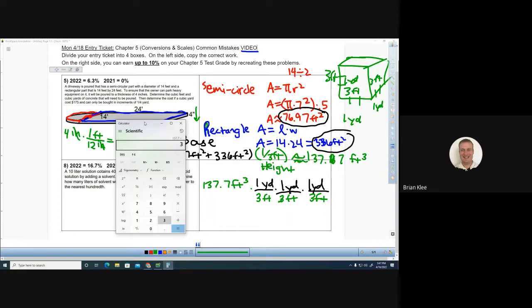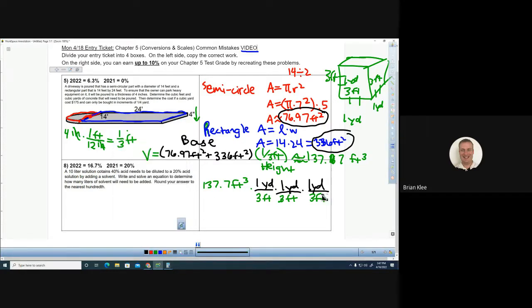I can go divide 3, divide 3, divide 3. That's one option. We're going to get the same answer a bunch of times here. 5.1 yards cubed. Directions say we need to round that to the nearest quarter of a yard. So we would have to order 5.25 cubic yards. We'd have something left over at the end.